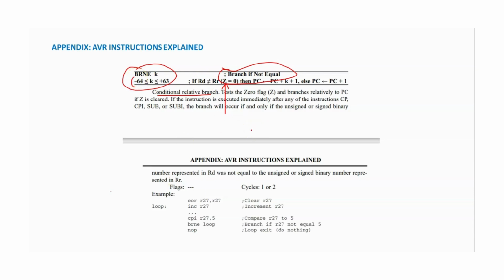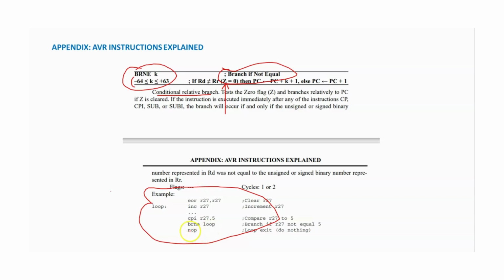So BRNE is also used, usually to implement loops. As we know, in higher level languages like C, we use loops for repetition of some task. And in assembly language, when we want repetition, as in this instruction where we want to repeat the movement of stepper motors forever, we should definitely use a loop.